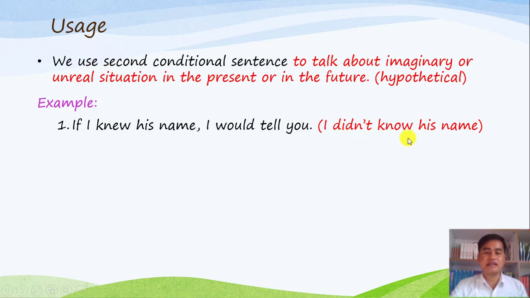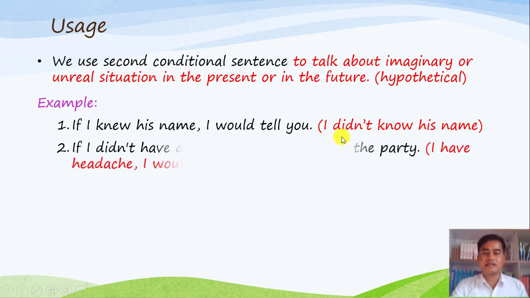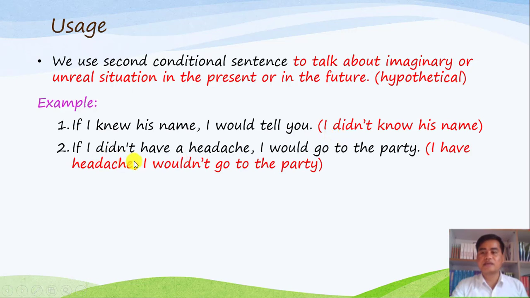But just imagine that if you knew his name, you would tell somebody. Number 2, if I didn't have a headache, I would go to the party. But right now, I have a headache, so I wouldn't go to the party.